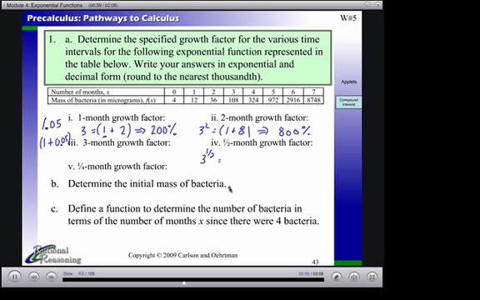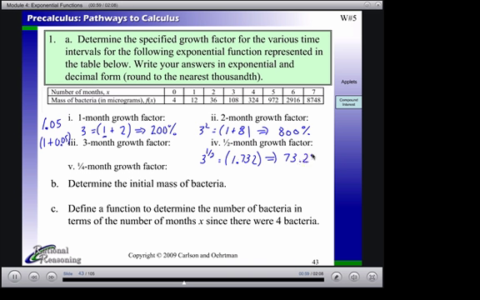No. You can't just take half of 200% to get that. Percent change, you're going to have to use the growth factor. So we can rewrite it as 1 plus what? What is 3 to the 1/2? 1.732. Easy to see percent change.